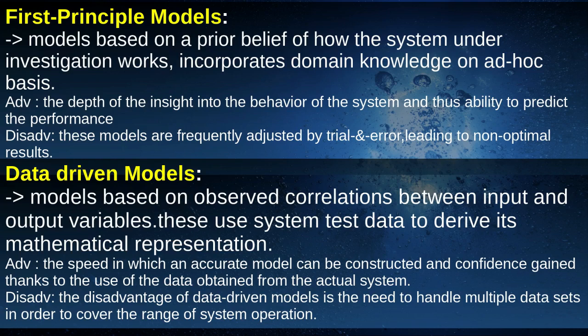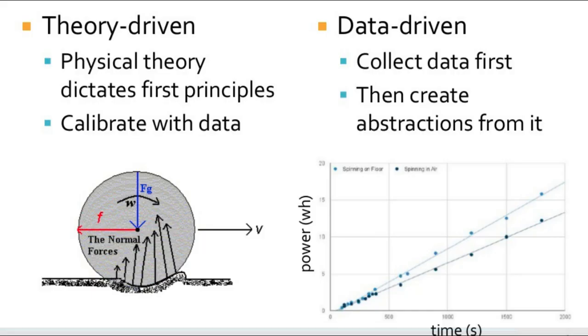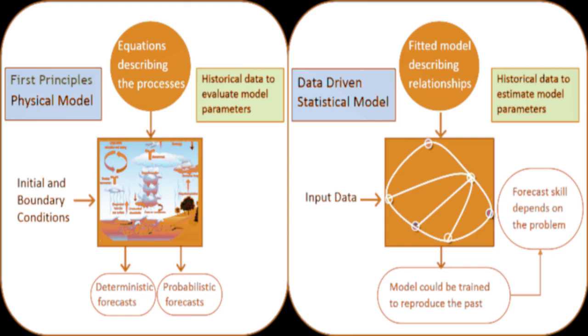First principle models are understanding of the system underlying physics to derive its mathematical representation. First principle models are expensive in development since expertise in the area of knowledge at the advanced level is required to derive equations from physical laws, while data-driven models use system test data to derive its mathematical representation.